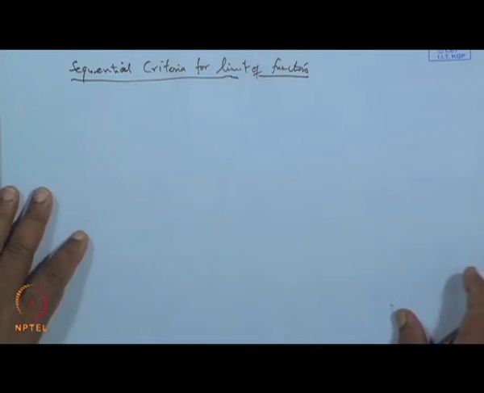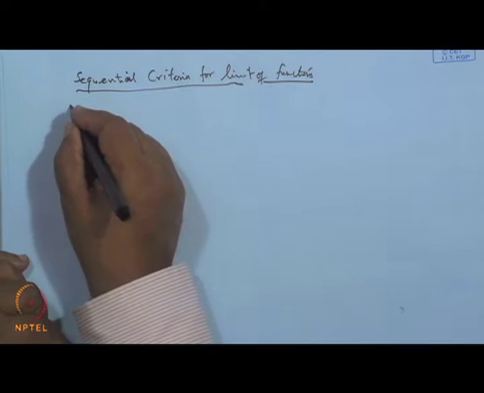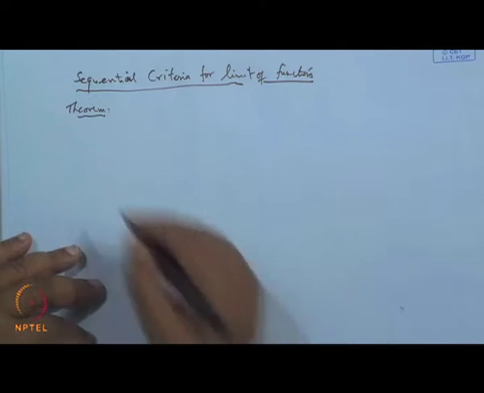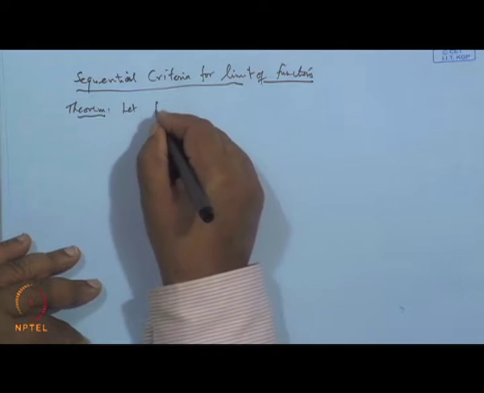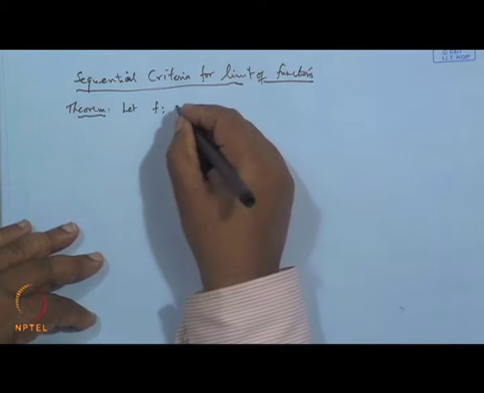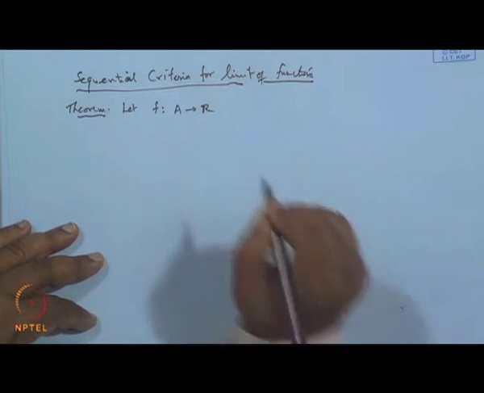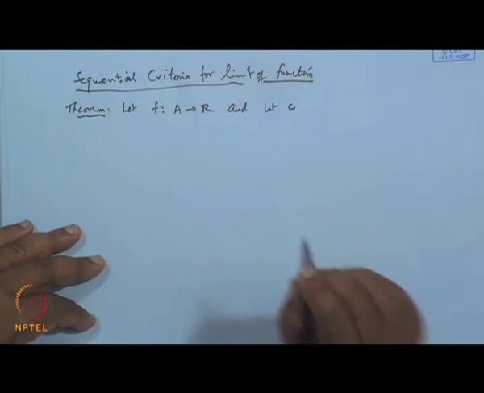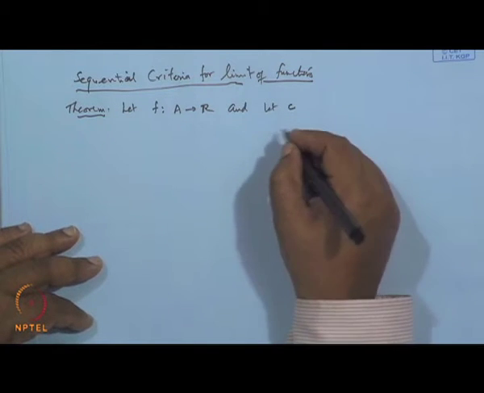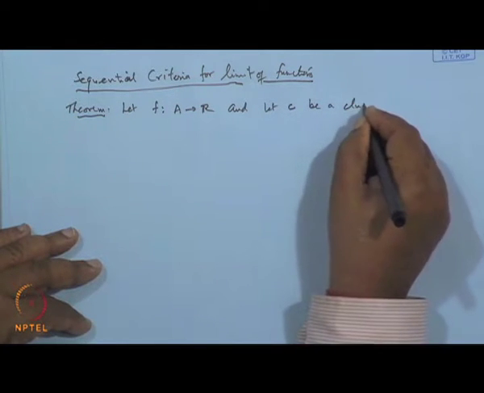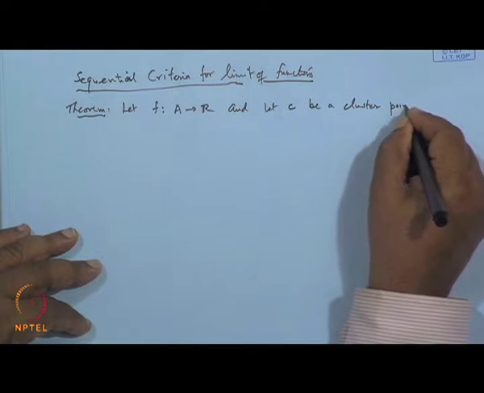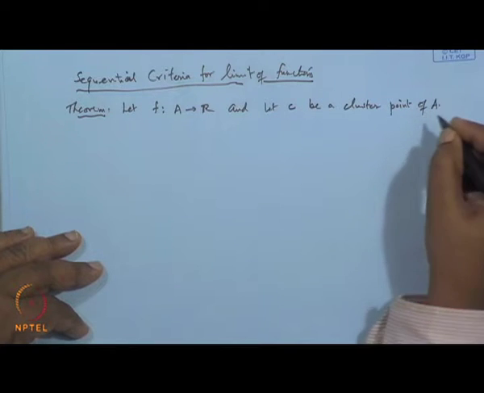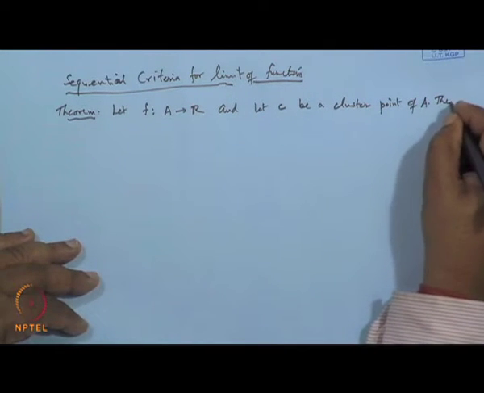What is the sequence? This is in the form of a theorem. The theorem says, let f be a mapping from A to R and let C be a cluster point of A, then the following are equivalent.